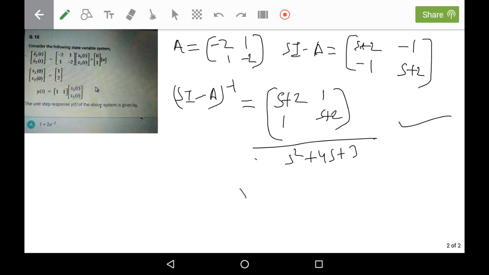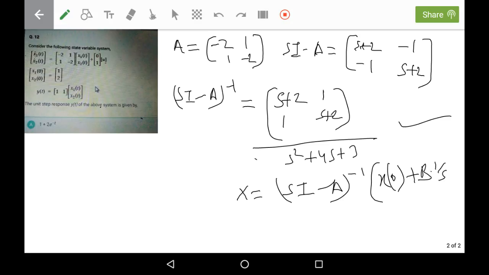So X we can determine now very well. X is given by (sI minus A) inverse, which we determined in the previous slide, times (x(0) plus BU). You can multiply B with 1 by s. The B matrix is given already here, and the x(0) matrix is given here, so we will have 1, 2 in matrix form plus 0, 1 by s.